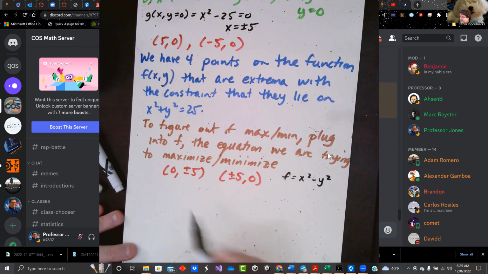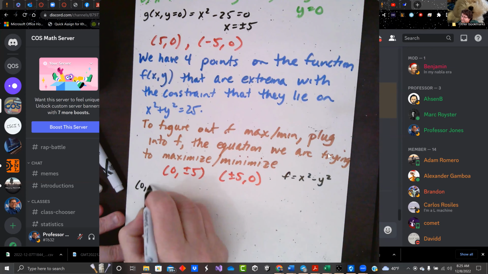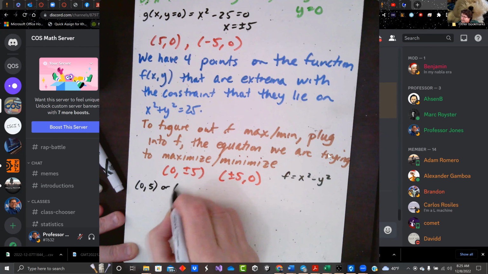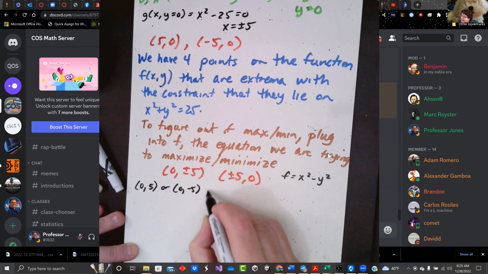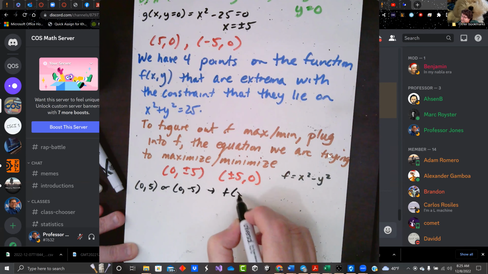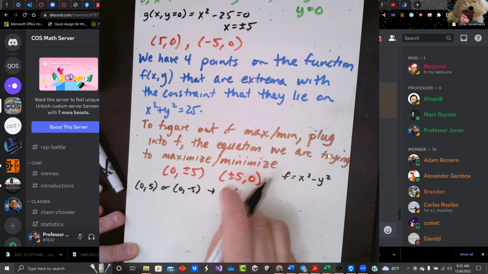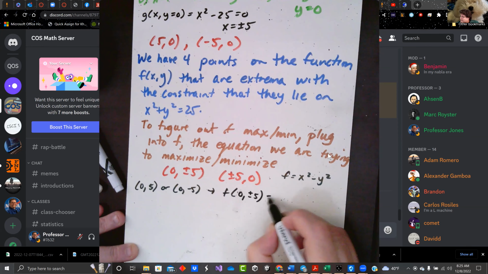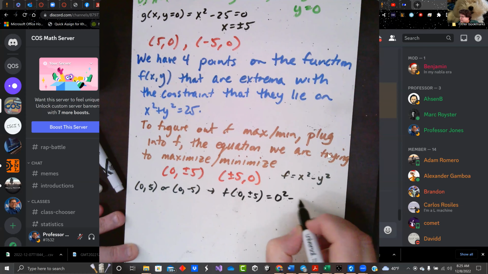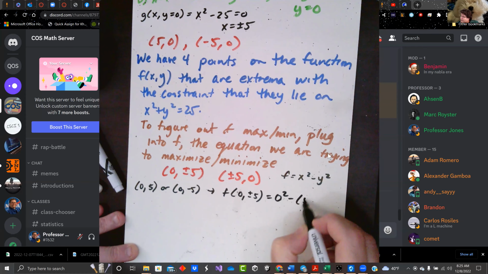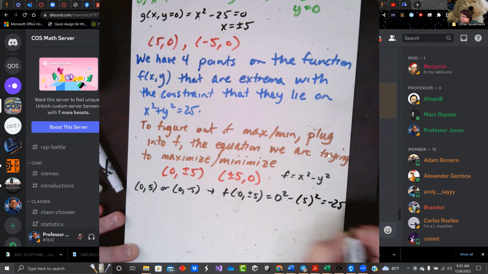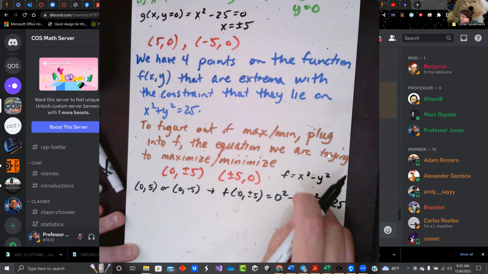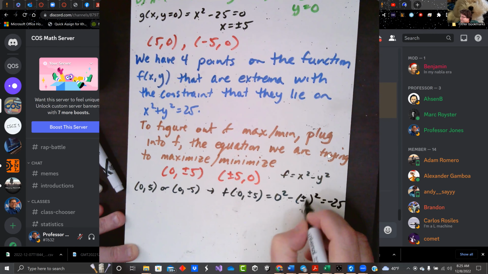So plugging in 0, 5, or 0, negative 5, f becomes 0 squared minus plus or minus 5 squared.